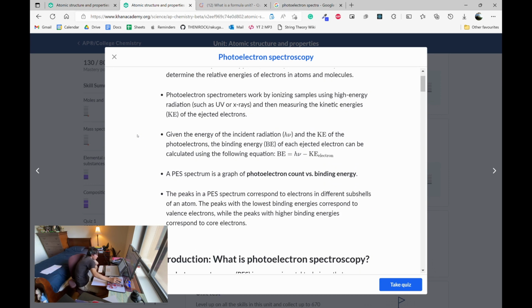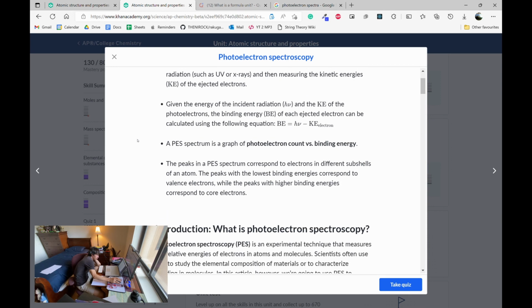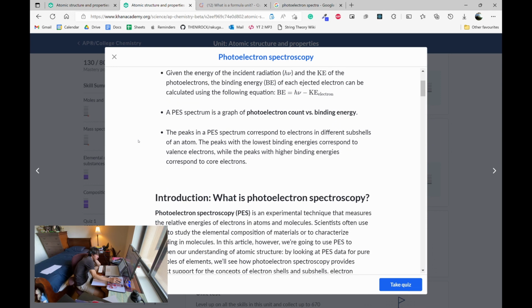Yes, photoelectron spectrometers work by ionizing samples and then measuring the kinetic energy. Okay, so you can get something from that. Okay, and then you use this formula. A PES spectrum is a graph of photoelectron count versus binding energy.